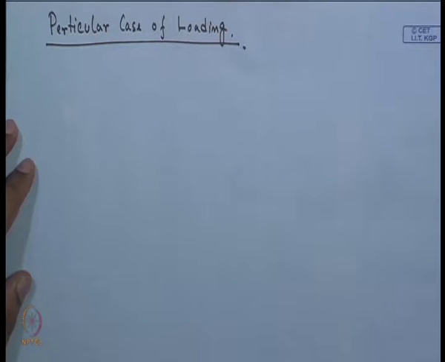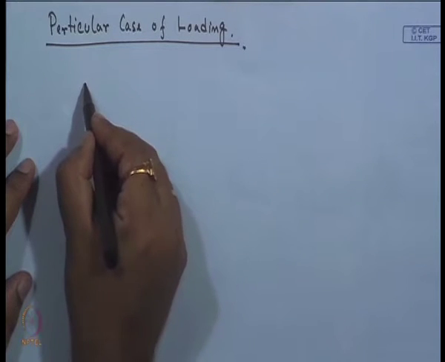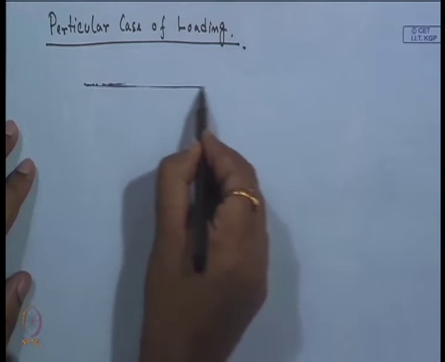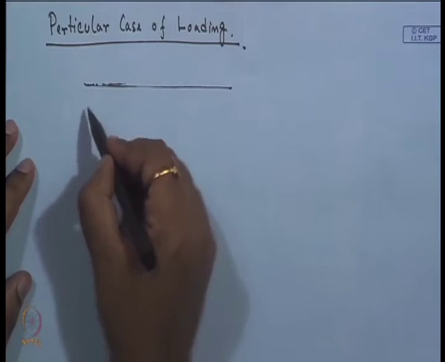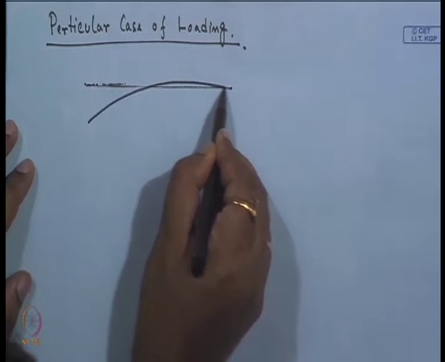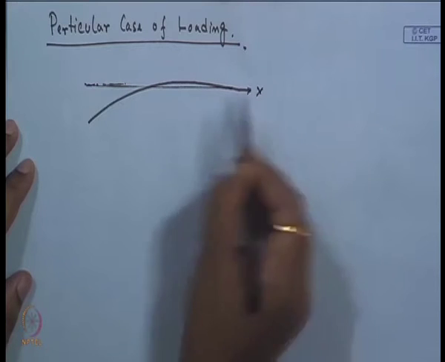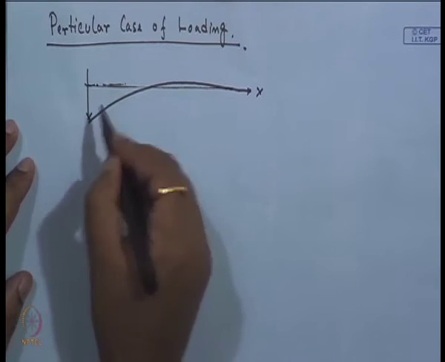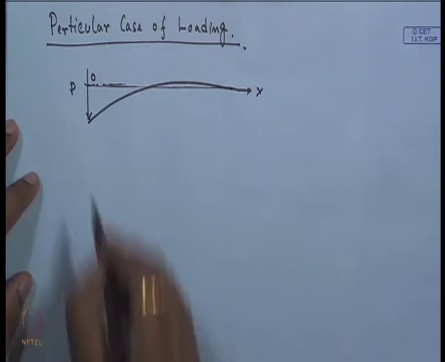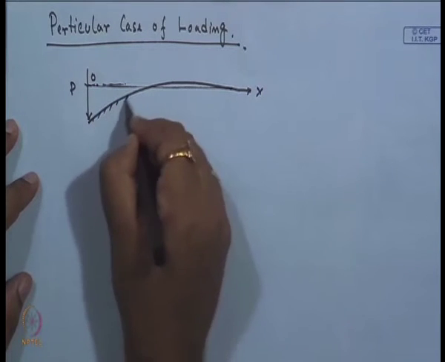First one, we will consider that this is the original portion of the beam. After the application of the load, this is x and the P is applied at point O. So, this is the deformed shape of the beam.